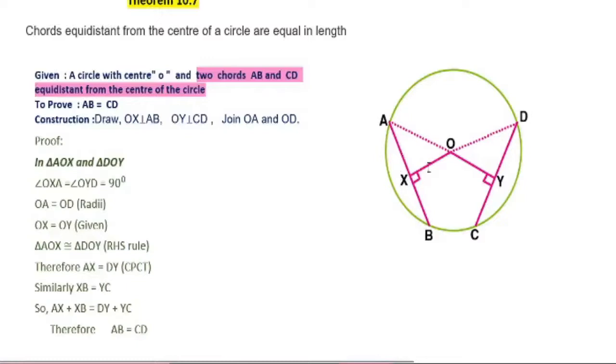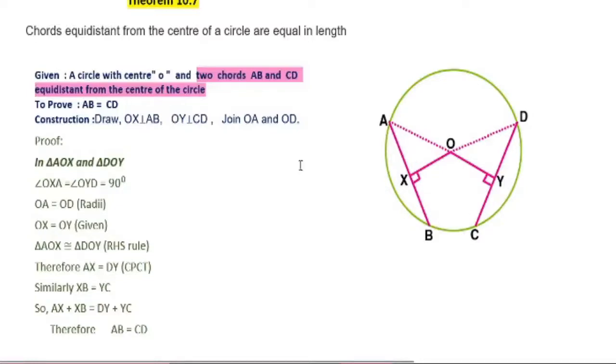Distances OX and OY: OX means the distance of the chord AB from the center, and OY means the distance of the chord CD from the center. These distances are equal, that is, OX equal to OY. Then we have to prove AB equal to CD.